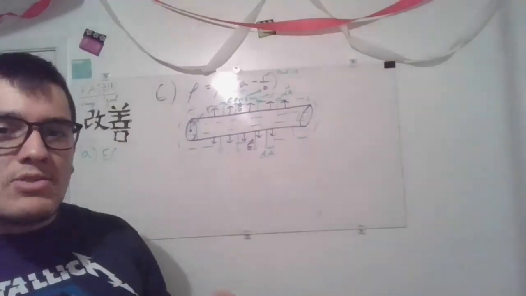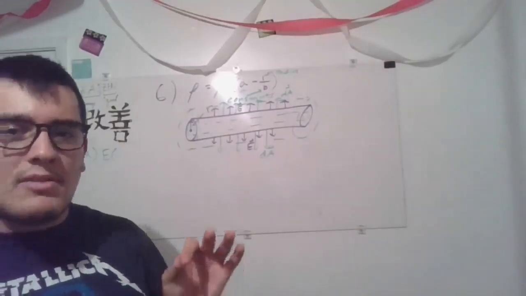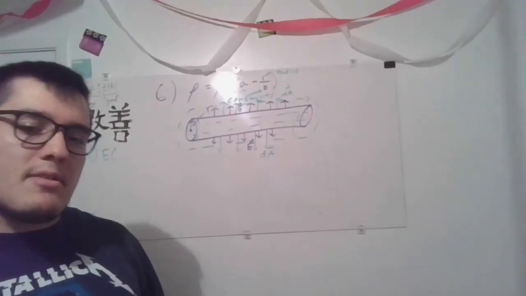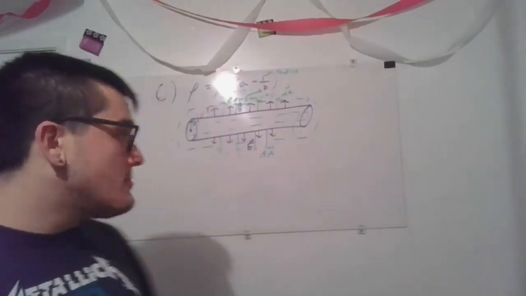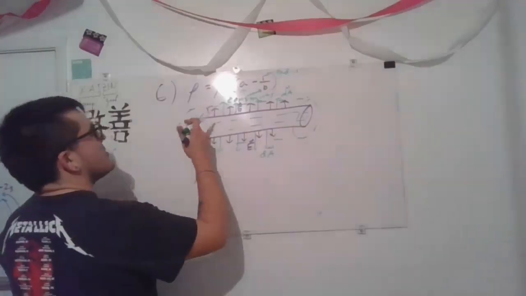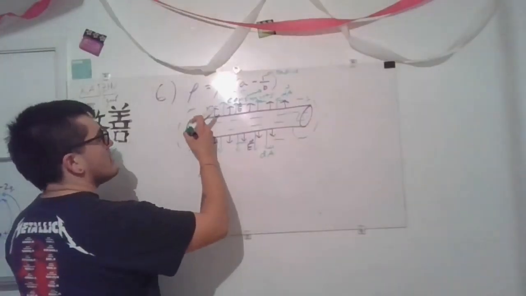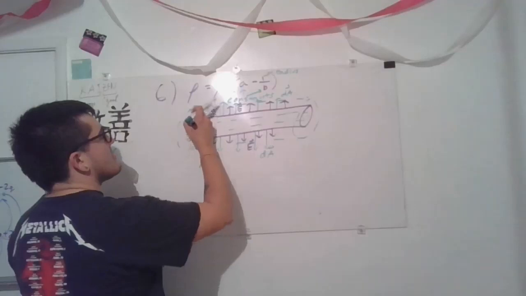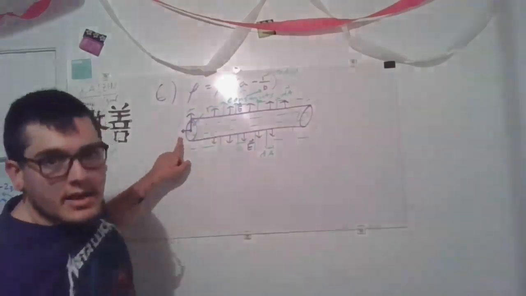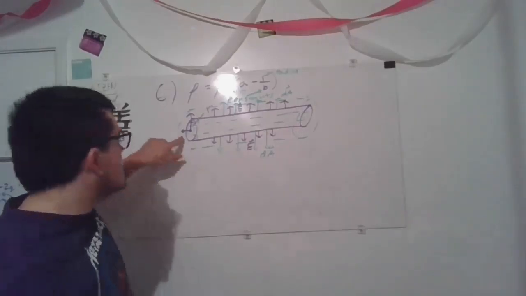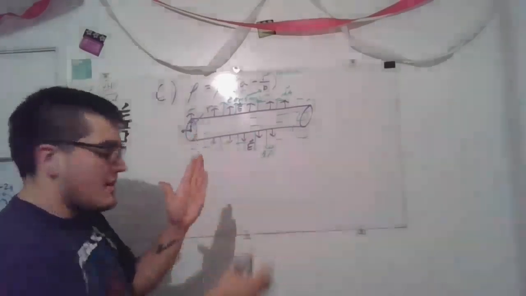But here, we're trying to look for very symmetric uses of Gauss's law. So the electric field at the very end will just look like this. This is not out this way, that's out along the cut end.